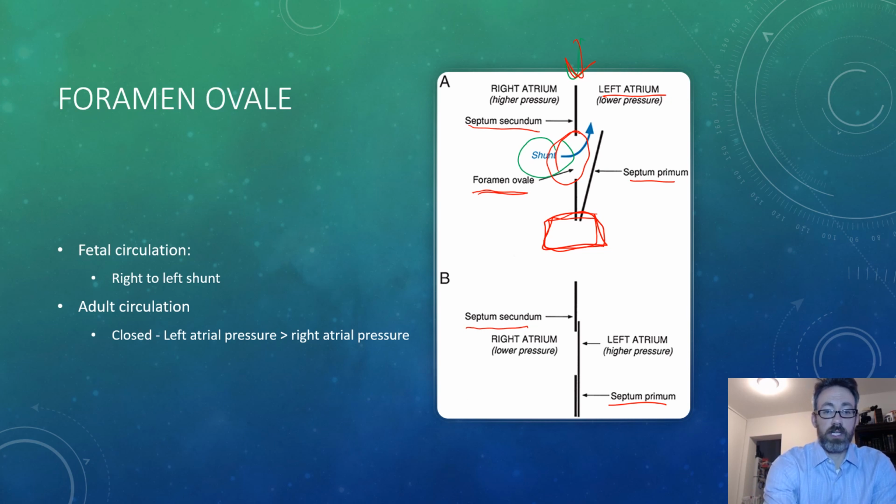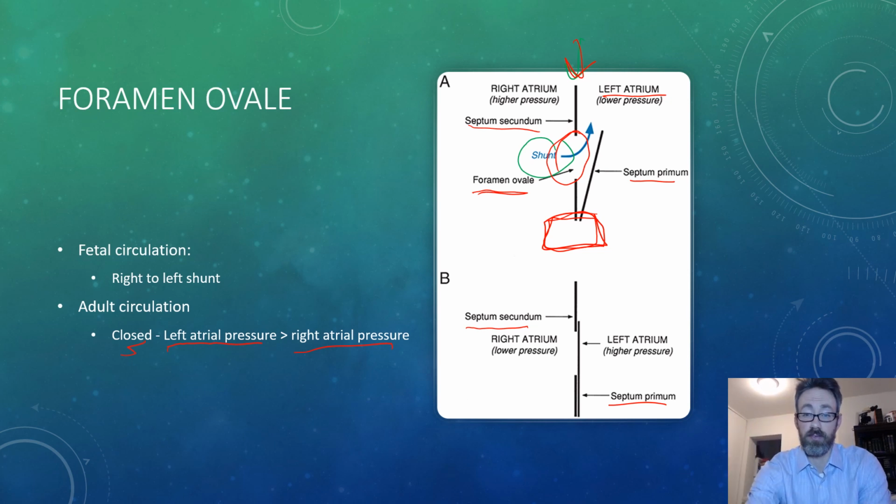In the adult circulation, this would be closed because, as we'll describe in more detail in the next slide, the pressures on the left side, as you well know, are higher than on the right side after birth. So when the left atrial pressures are greater than the right atrial pressures, that holds the septum primum up against the septum secundum so that they're closed.